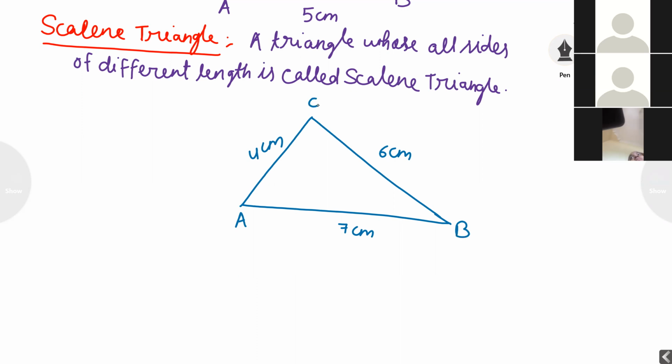That is called scalene triangle. A triangle whose all sides are of different length is called scalene triangle.